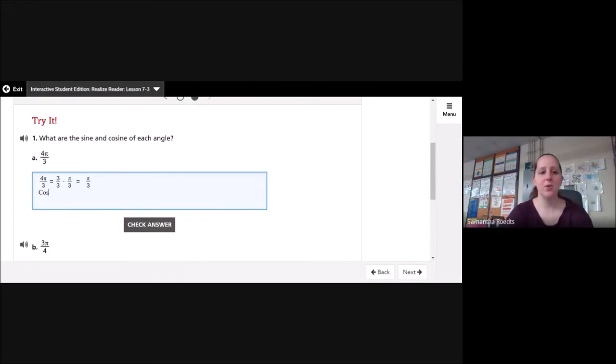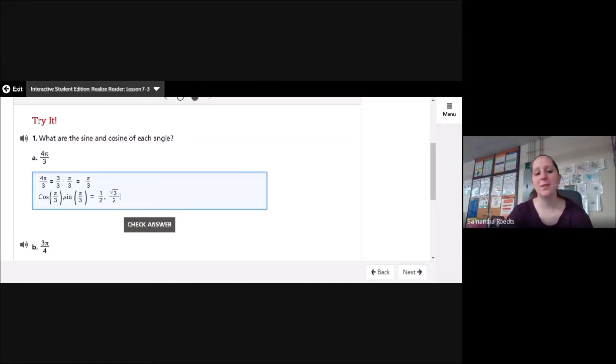So then I have cosine of pi over 3 and then sine of pi over 3. Okay, this equals 1/2, and then square root of 3 over 2.